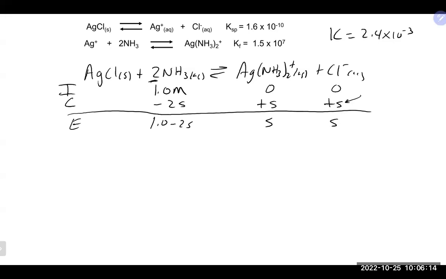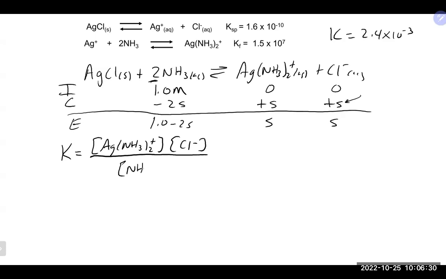We're going to put this into our expression for K, which in this particular case would be our complex ion times our chloride divided by our NH3. Once again, we want to make sure that we square it because of the coefficient in the balanced equation.